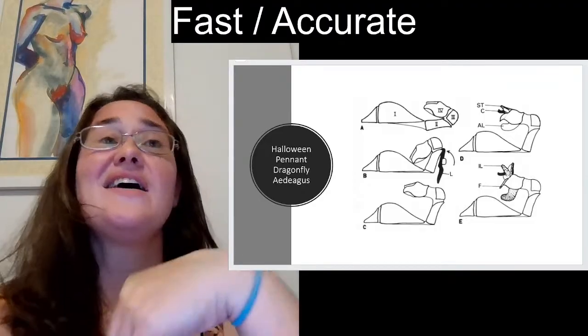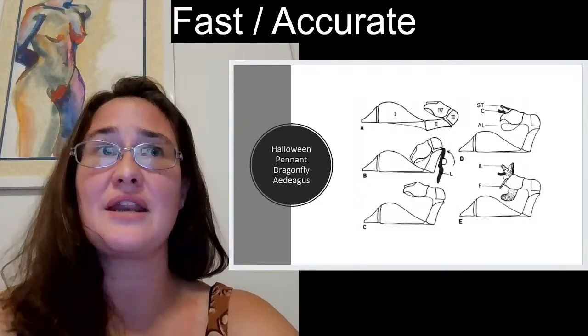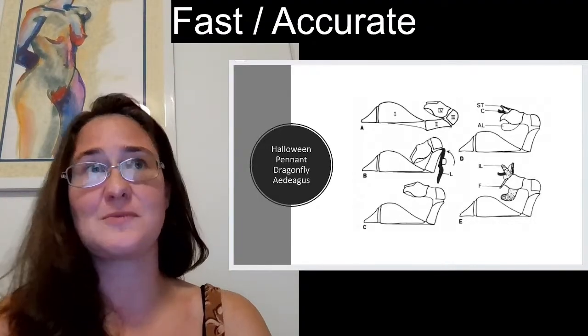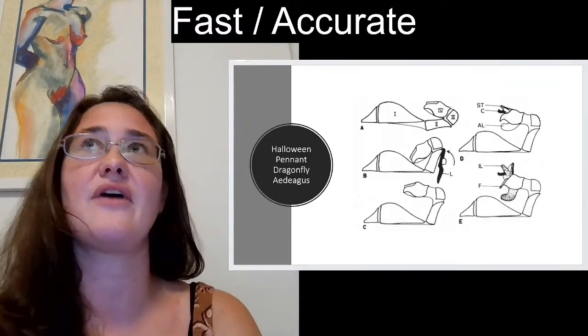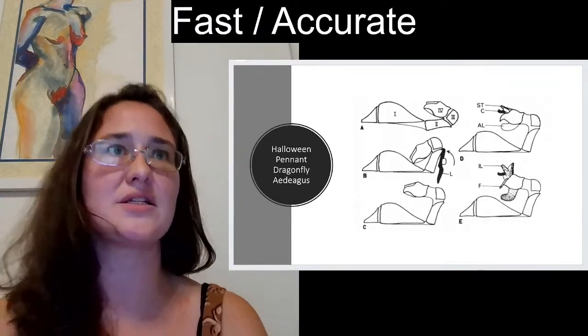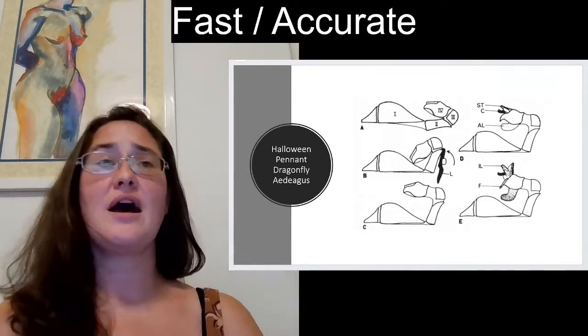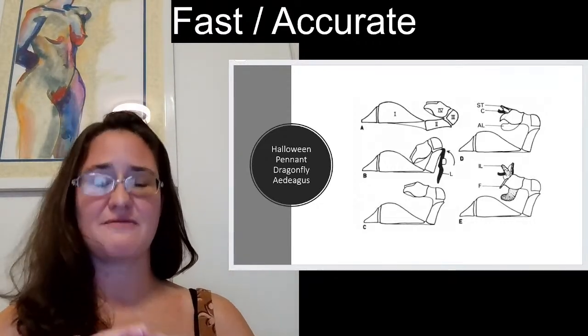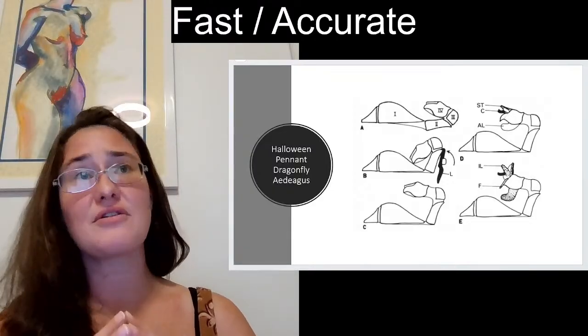I would say there's a pretty good chance that there is a pheromone connected to species identification in dragonflies, but I don't have a paper to point at to say that. But that's what I would say. It's probably based off of pheromones.